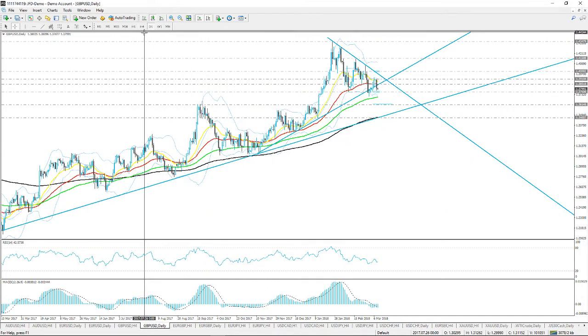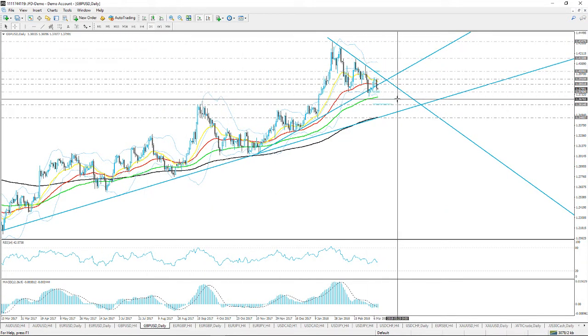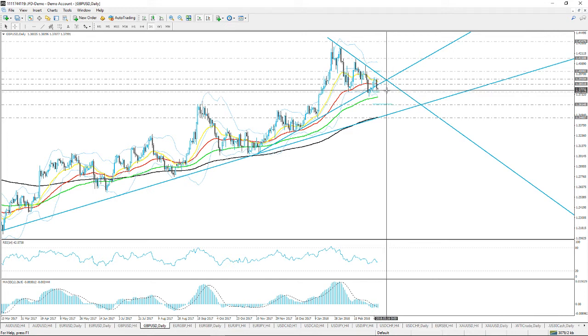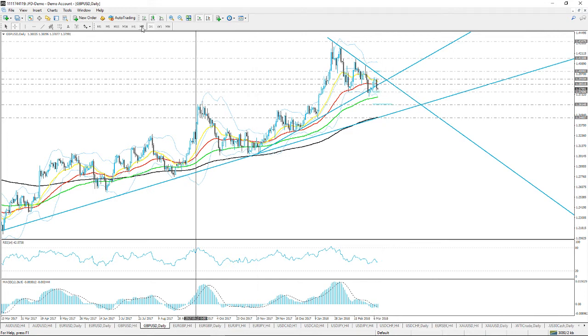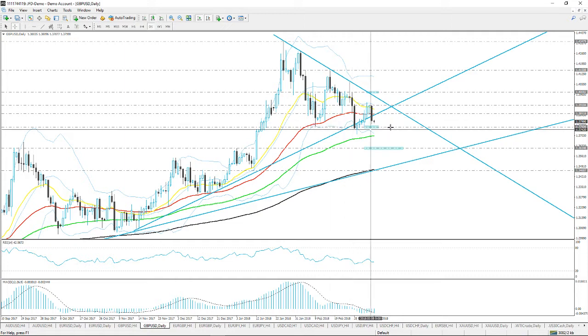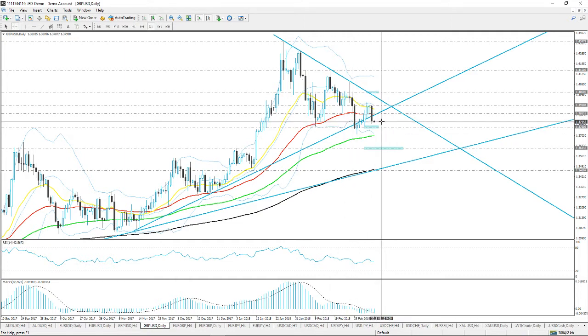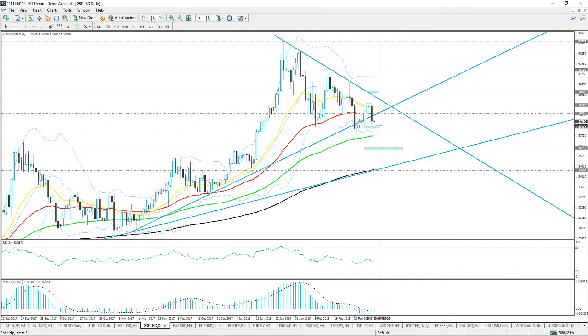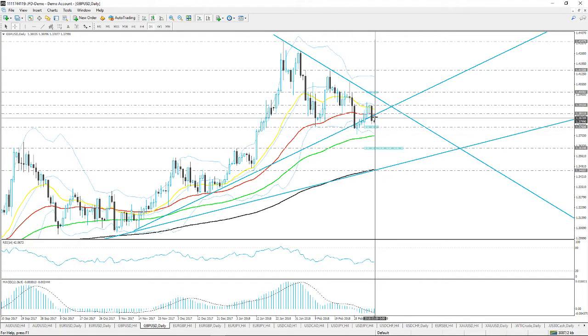The same story as with the euro, because we are seeing yesterday's candle being quite strong in terms of quite bearish, let's say like that. So we might get a continuation today towards the downside. On the upside, we need a move back towards this area here on 138,500.